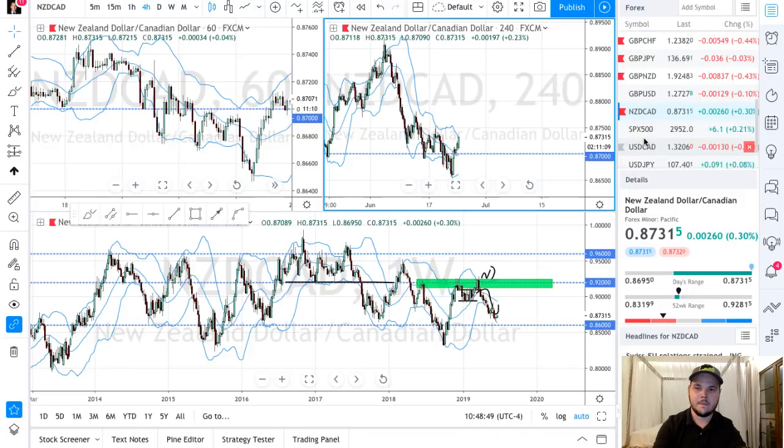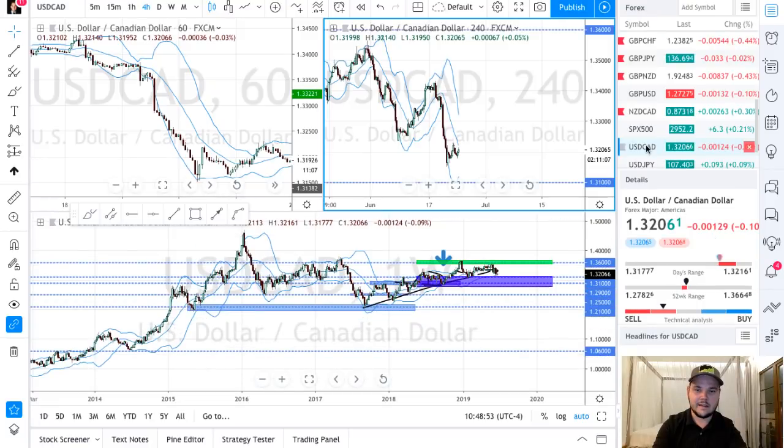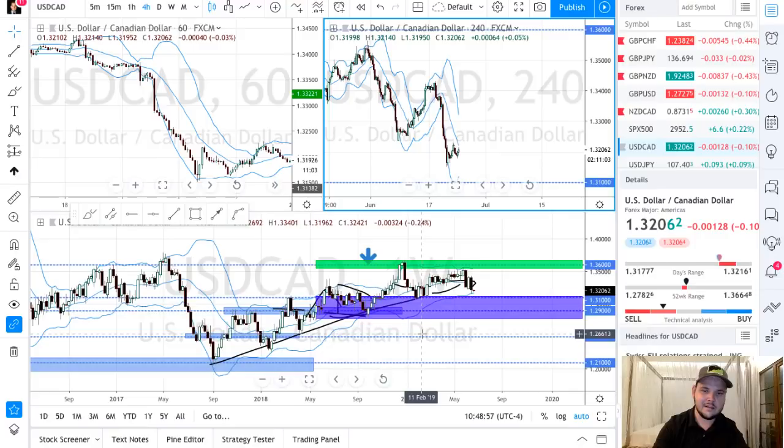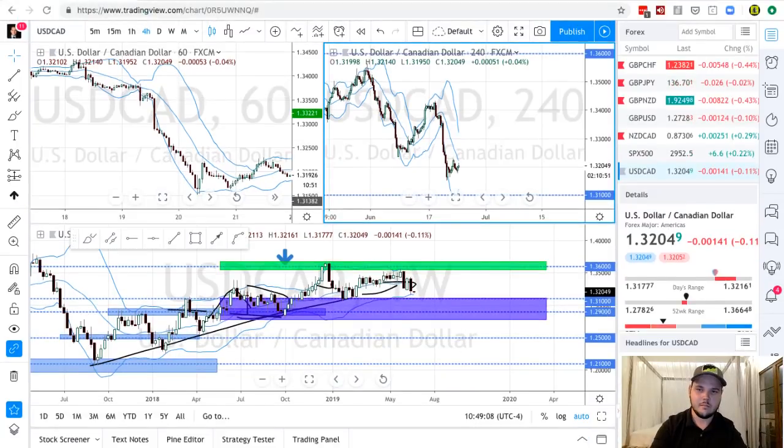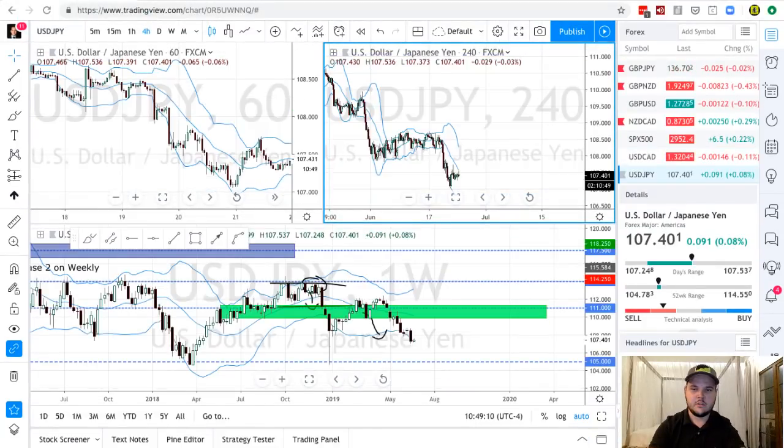USDCAD is in between two zones. It's a little bit tight to trade for now, so we wait for price to hit either 1.31 or 1.36, as a resistance or as a support. USDJPY is also between two zones. We're not going to trade that for now.